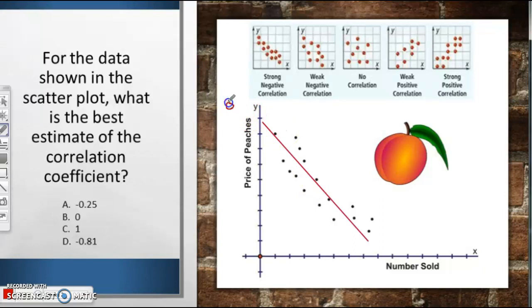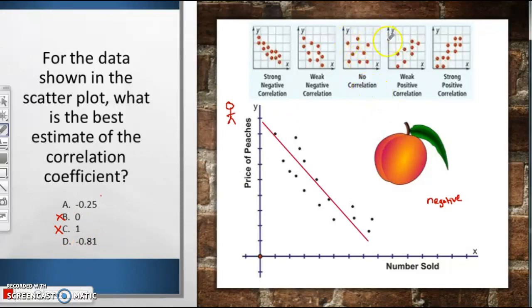You see that if I were standing over here? That shows a negative relationship, so I'm looking for a negative number. I can immediately cross off B and C because they are not negative numbers. That leaves me two choices: negative 0.25, or R could also equal negative 0.81.